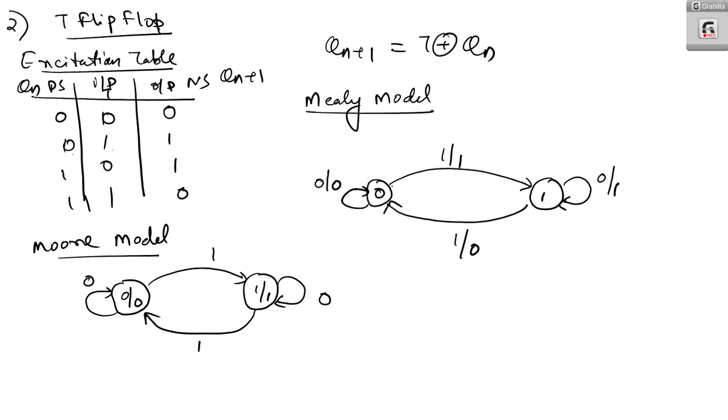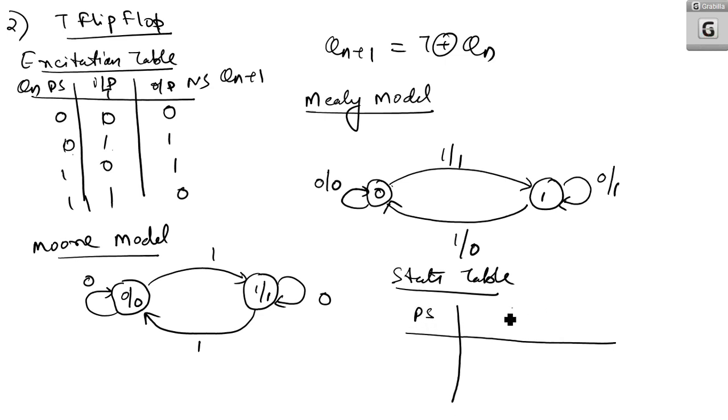Now, if I am drawing the state table of T flip-flop, how would it be? Let us check. So here I am having present state, then next state comma output, then input X, here it is T. T can be equal to 0 or T can be equal to 1.